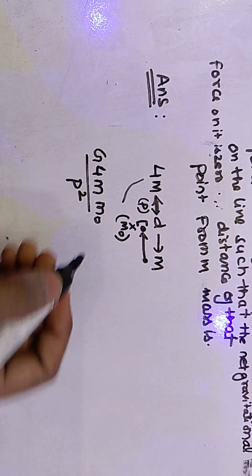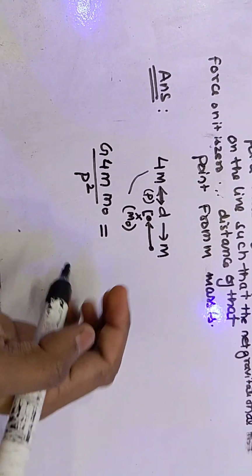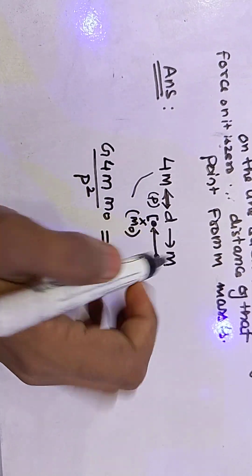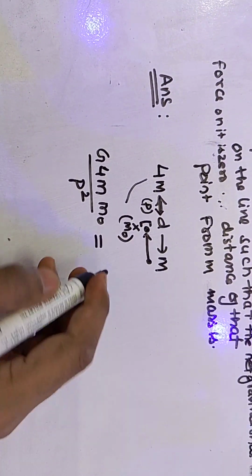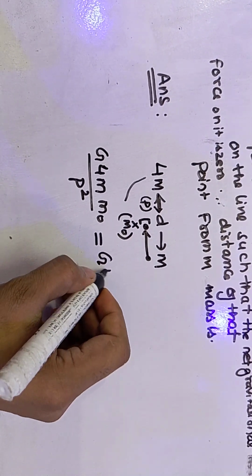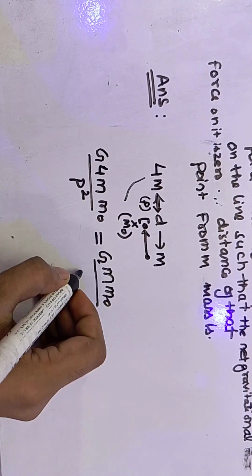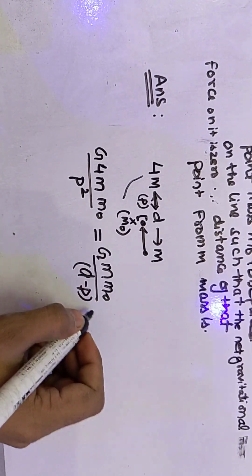As it is a vector quantity, these will cancel out if they are equal. So it equals G m m0 by (d minus p) square.